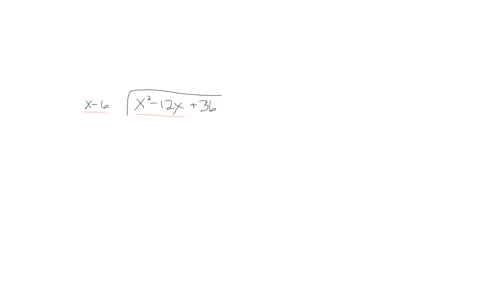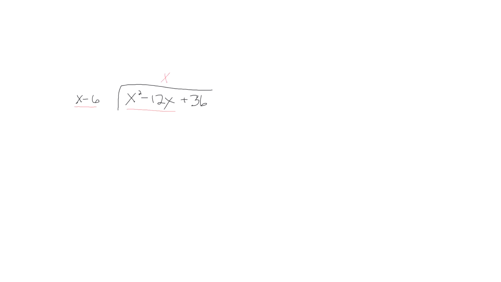What can I multiply x by to give me an x squared? I multiply it by an x. So I know I'm going to have an x here.